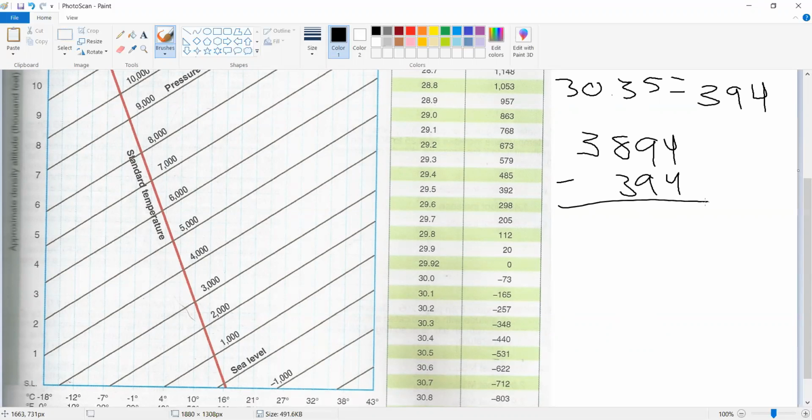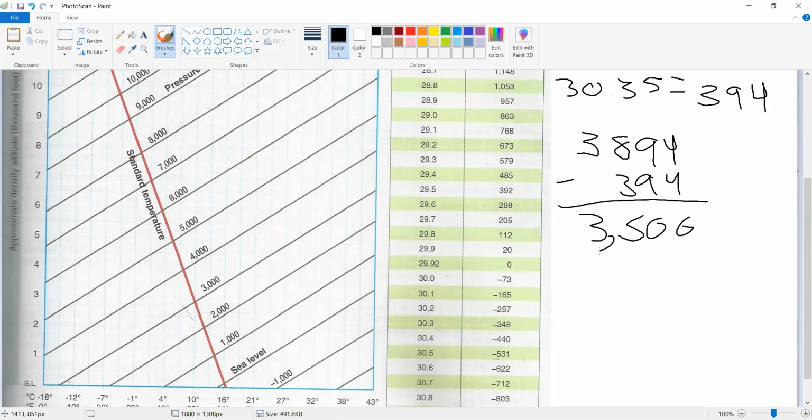When we subtract that, we get 3,500. Now, having that is not our answer though. We have one more final step. So we have 3,500.